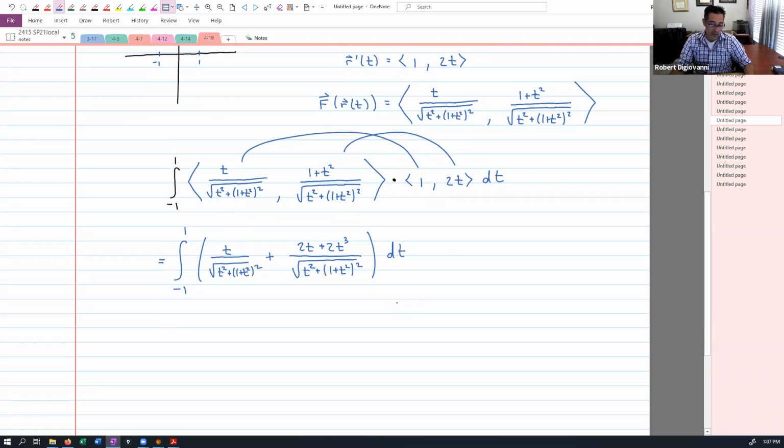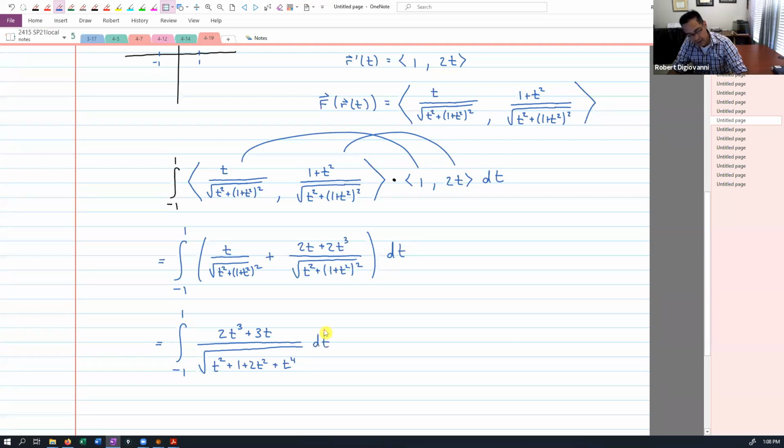Now that integral doesn't look very nice, but something tells me things are going to get good here. Let's combine. They have the same denominator, so I'm going to put the numerator together. I get 2t cubed plus 3t. Y'all agree? Then over, the denominator is the square root of t squared plus 1 plus 2t squared plus t to the 4th.